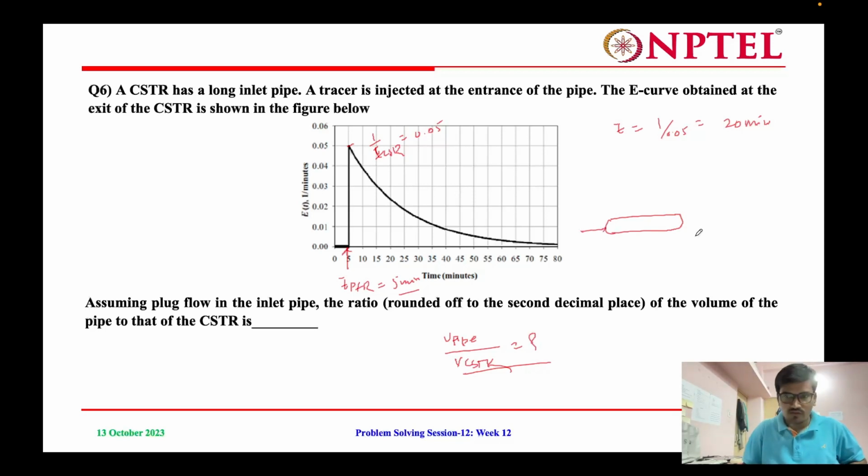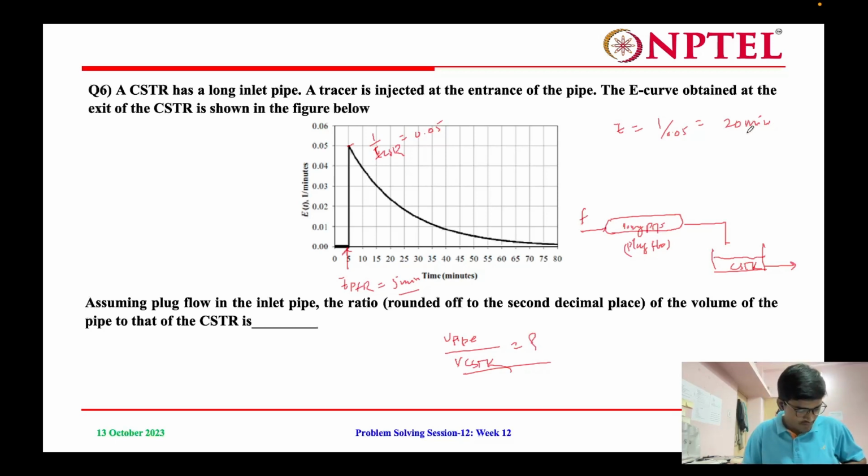So tau PFR is 5 minutes and tau CSTR is 20 minutes.